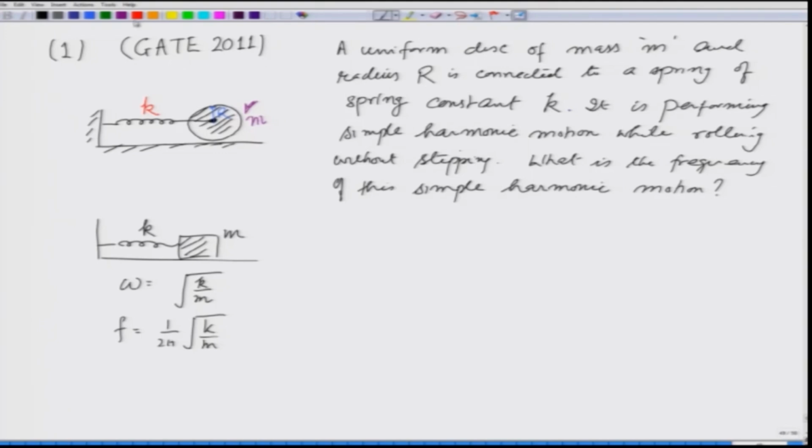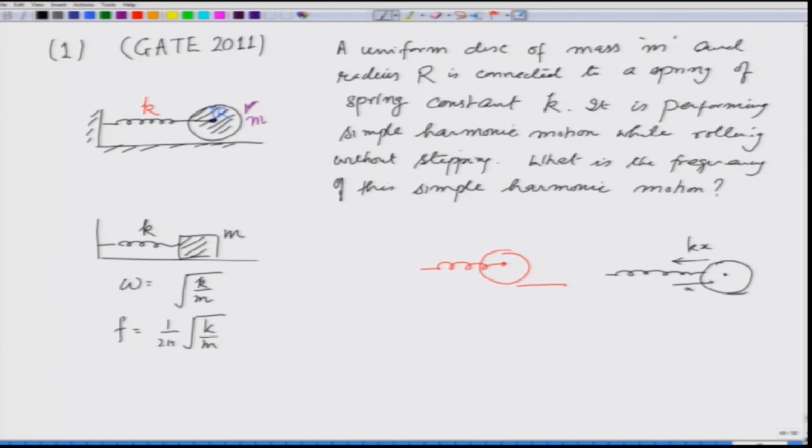So, physically what we expect is, suppose this disk is displaced from the equilibrium position this way, so that the spring is stretched and the disk is out here. There will be a restoring force kx when it is displaced by x.